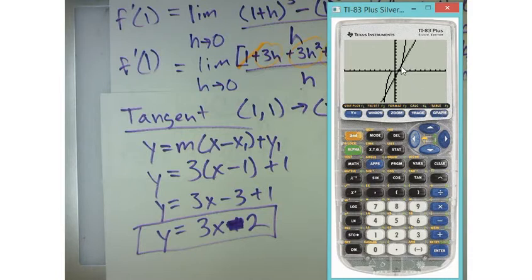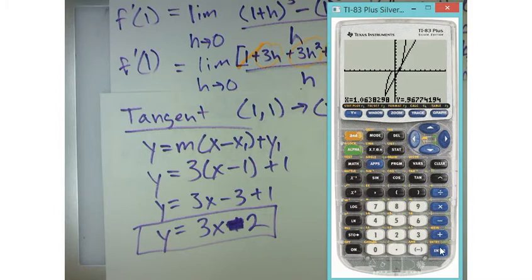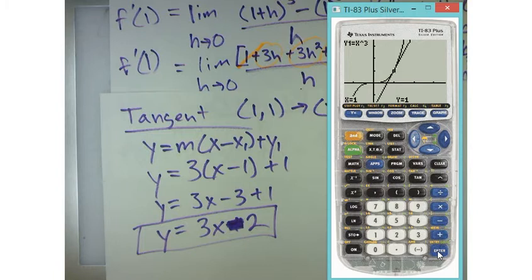And looky here, I think it does. So if I hit trace and I enter in 1, it's 1 comma 1. And if I zoom in a little bit, yeah, that's where it intersects, right? Perfect. It's like magic.